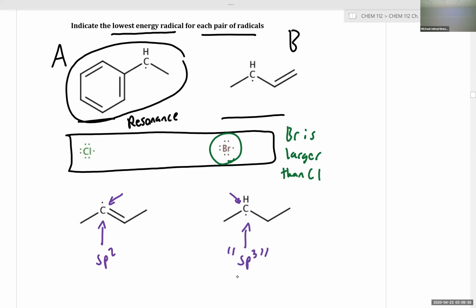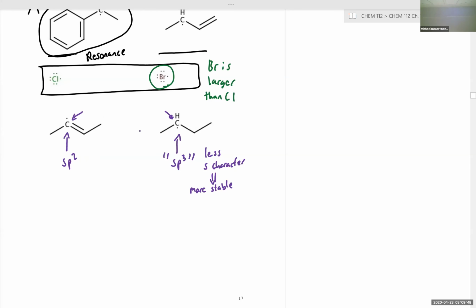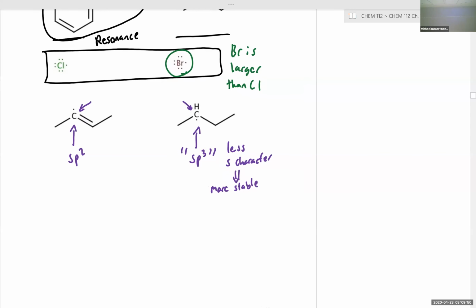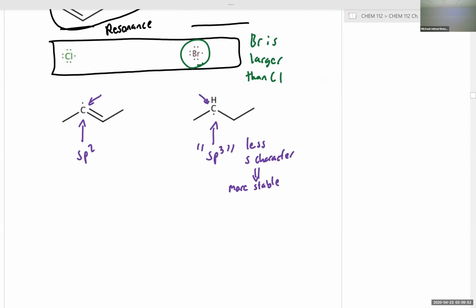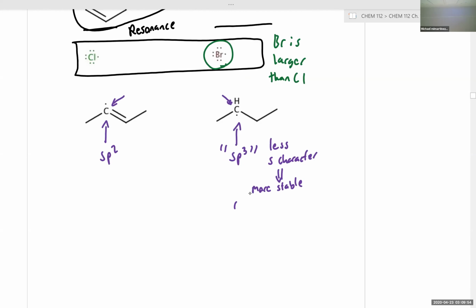Since the sp3, the alkyl radical, has less s character, that in turn leads to a more stable radical. So that's why answer B is correct.